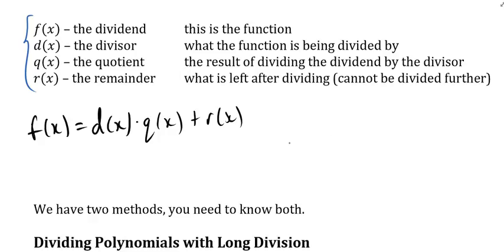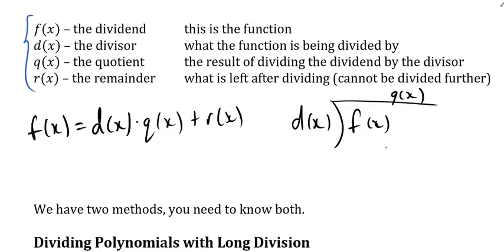But the first method we're going to look at looks like this. You're dividing, and you'll recognize this a little bit, you're dividing d at x into f at x. There's your long division thing from a long time ago. You end up with q at x, your answer up there, and down here somewhere you end up with r at x.